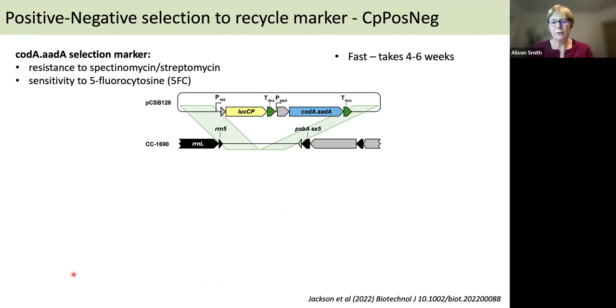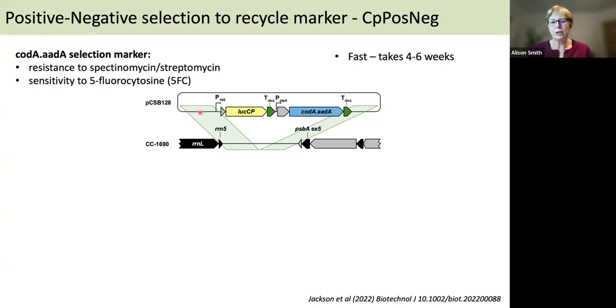This involves the introduction of a selectable marker, which is a bifunctional protein. So in the schematic below, this is the endogenous chromosome, and this is the plasmid that we're going to introduce.